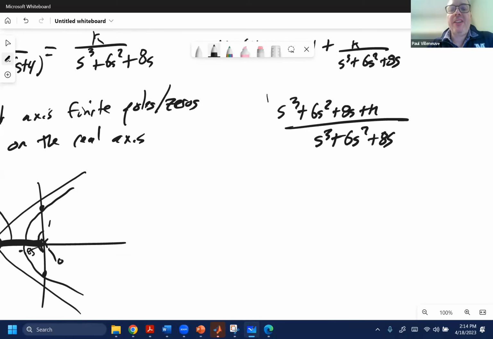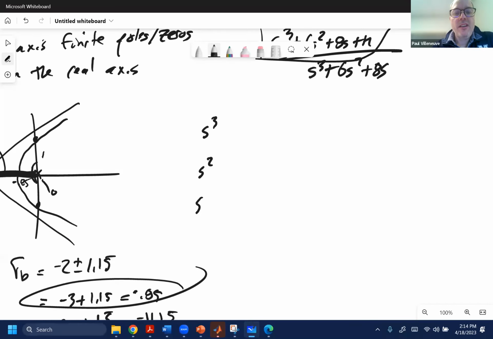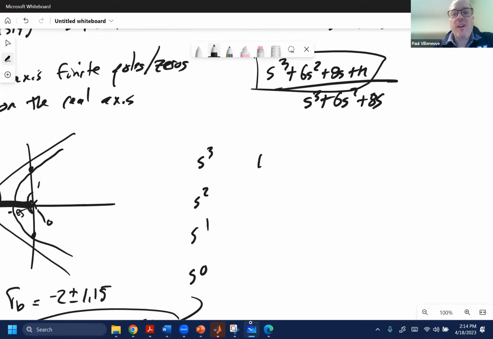So now this is my characteristic equation. So I do the Routh-Hurwitz for that. So I have s^3, s^2, s^1, s^0. So I have 1, 8, 6, K. To get this one, it's negative 1, 6 over K minus 48. And this is 0.